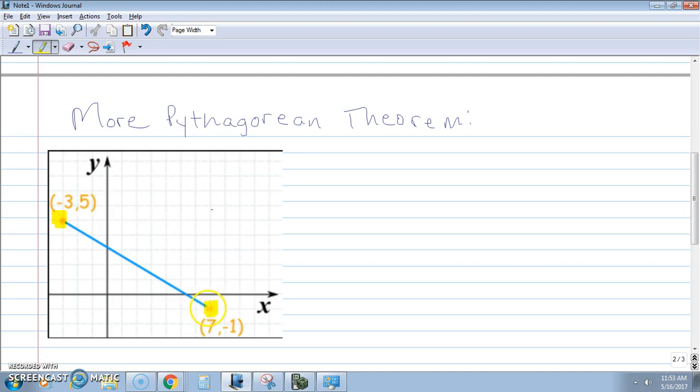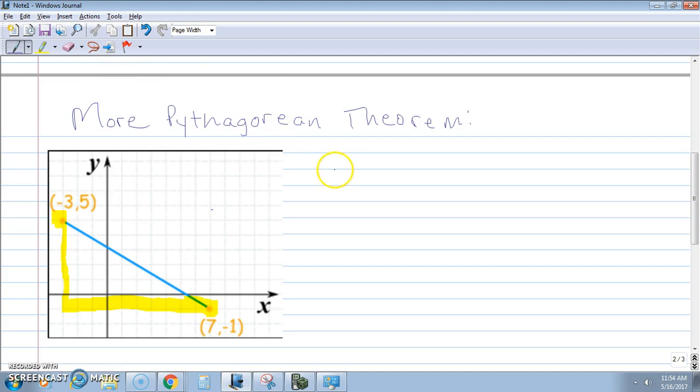If you want to find the distance between those 2 points, you need to draw a right triangle. You don't have to draw it, but as long as you understand what's happening. It's just as if -3, 5 was Denver and 7, -1 was Lafayette.